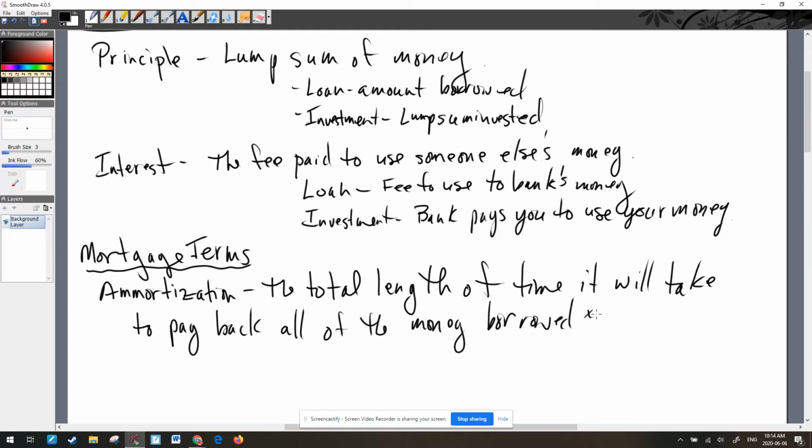And I'm going to put a little asterisk here: if all goes according to plan.